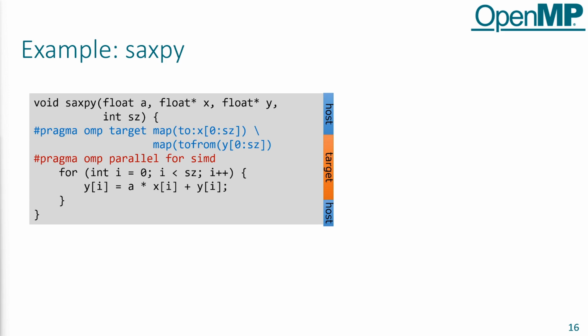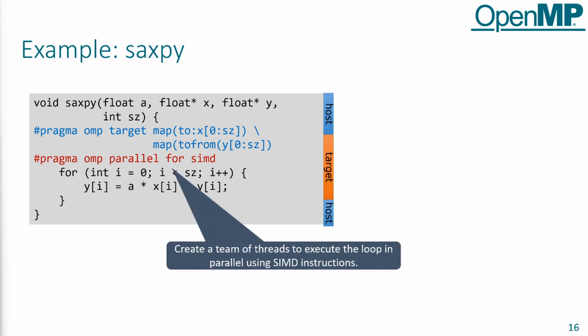And it is the same for a GPU. So when you write this, you should see some pretty good speedup on most GPUs already, because now you get something executing in parallel on your device. What we do here is create a single team with a whole bunch of threads, probably thousands of them, and then try to execute that loop using SIMD instructions.